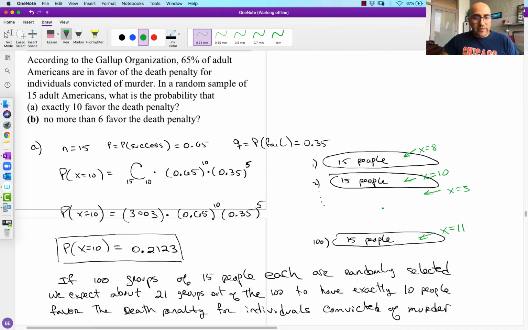It's not always going to be exactly what we expect, but over the long run, we know by the laws of statistics that the most likely outcome is that 21 out of those 100 will have exactly 10 say yes. Hopefully that makes sense.